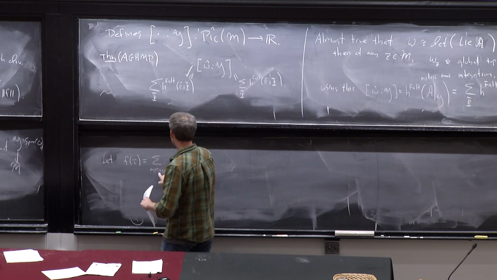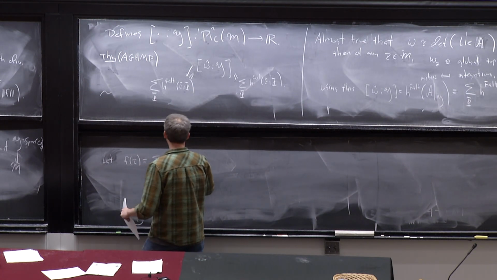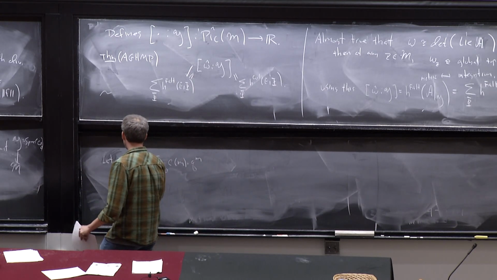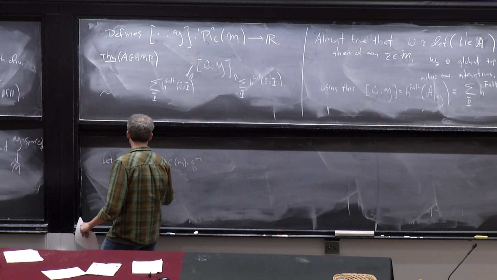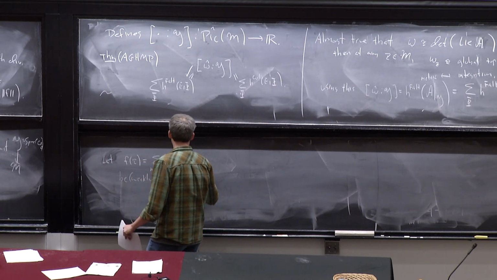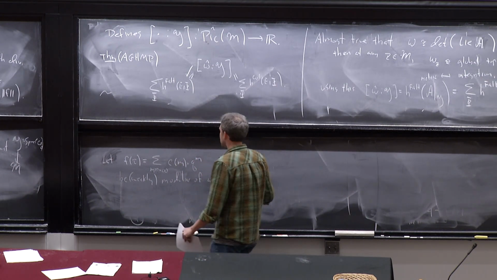So the sum over m much greater than minus infinity of c(m) q^m, weakly modular of weight 2 minus d.